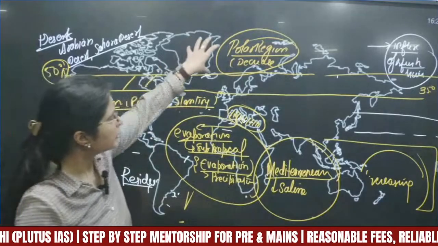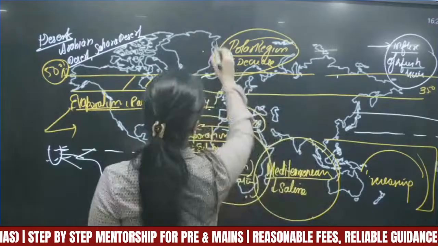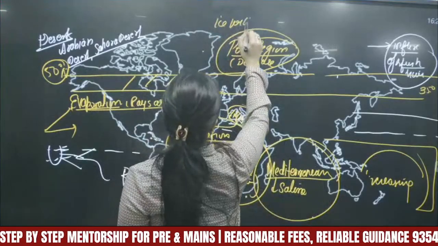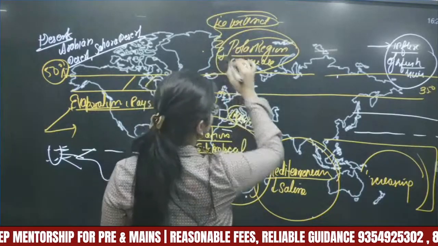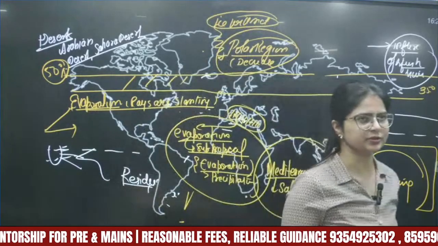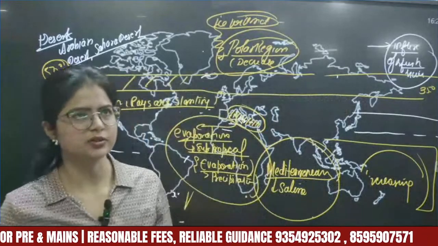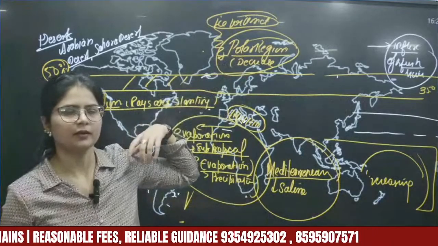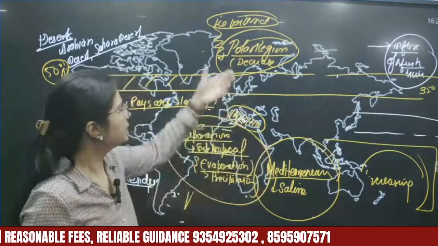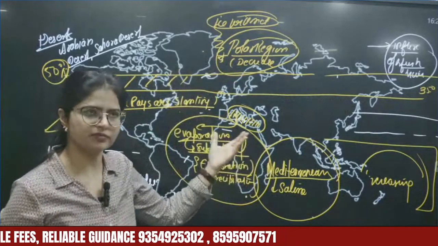Reason? Because in the summertime, the ice will melt. When ice melts over here, this fresh water will get mixed with the oceans. And since it is getting mixed with the ocean, it will further reduce the salinity of the area. And second thing, definitely minimal evaporation at the polar region, and precipitation in the form of snow, right?